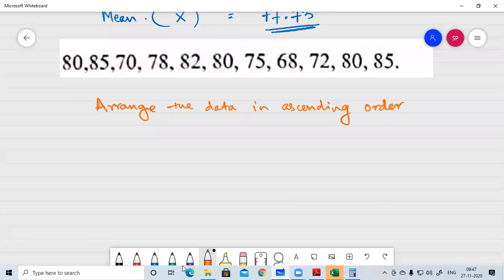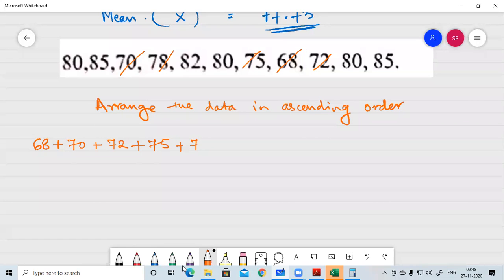Okay, let's start. Now you have to search for the lowest number. What is the lowest number? 68. Followed by 70, then 72, 75, 78.